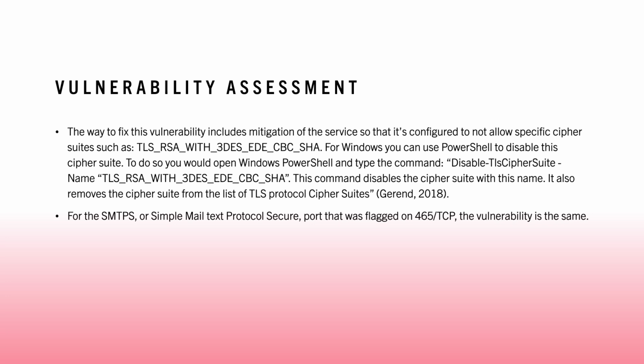To do so, you would open Windows PowerShell and type the command Disable-TlsCipherSuite -Name TLS_RSA_WITH_3DES_EDE_CBC_SHA.